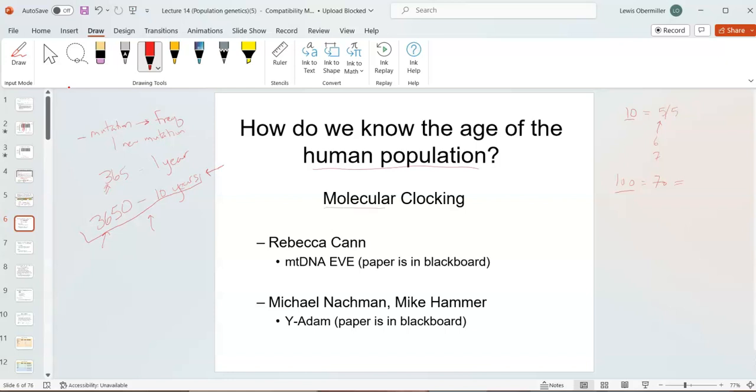That's called molecular clocking, right? We're using the amount of DNA variation that occurs over time, and then we calibrate it against the fossil record and other things that we know, and we can get a good idea of where a population started or how old it is.